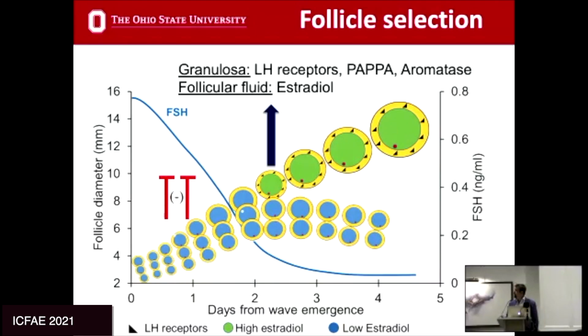We also know that at the time of diameter deviation, there are a lot of changes within that future dominant follicle that we call the dominant follicle phenotype, by which there are changes in granulosa cells, such as acquisition of LH receptors, increased expression of PAPPA and aromatase, and the consequent increase in estradiol. In fact, it's this increase in estradiol that has been shown to be responsible for providing final suppression of FSH so it can reach its needed concentrations and prevent the selection of additional dominant follicles.